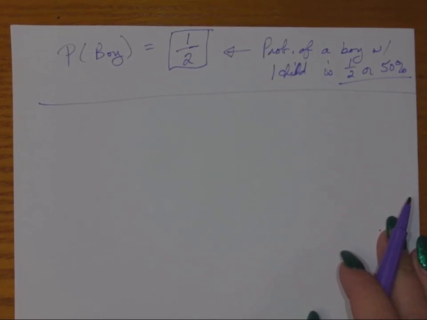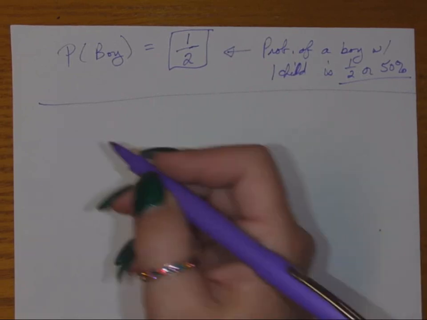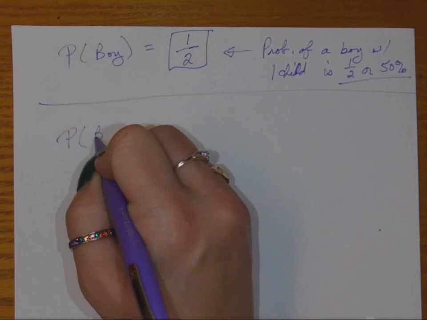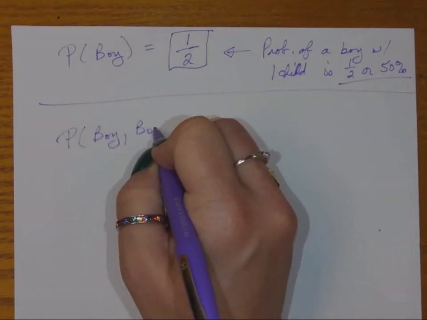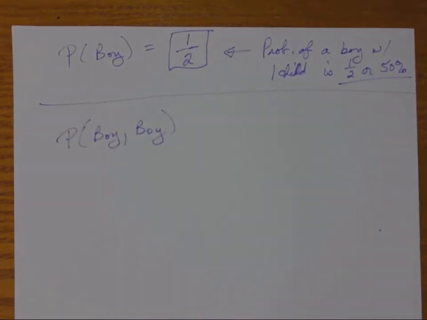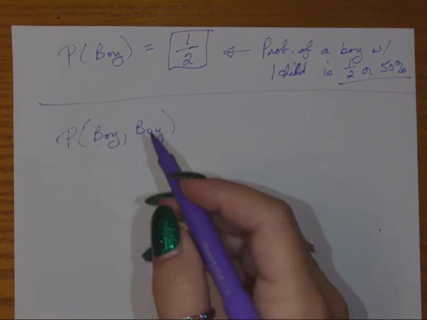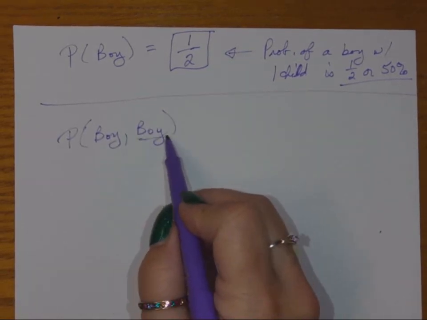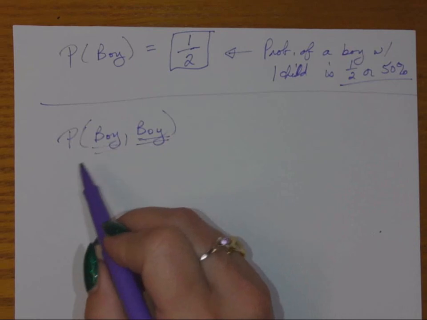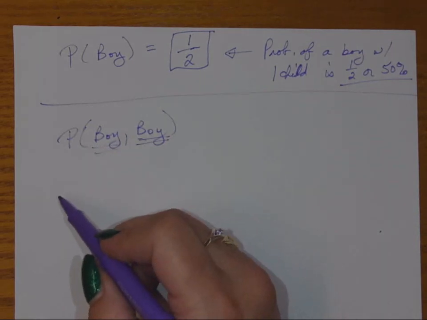So then what if Susie Q wants to have 2 children? Then we find what's the probability of having a boy and a boy, for instance, or what are all the different possibilities, basically. So we start going, oh, there's lots of different options here. In general, is the birth of the second child going to be based at all on the birth of the first child?